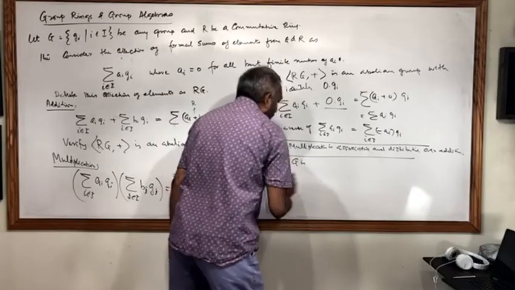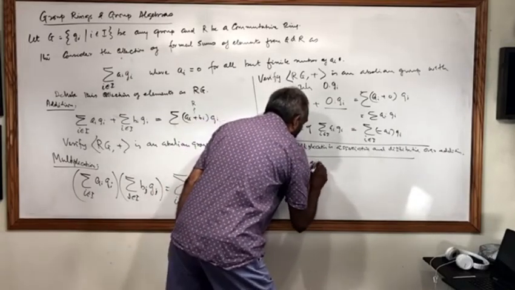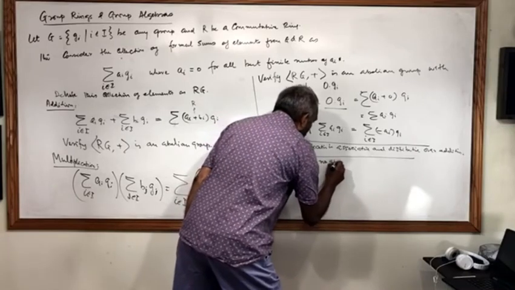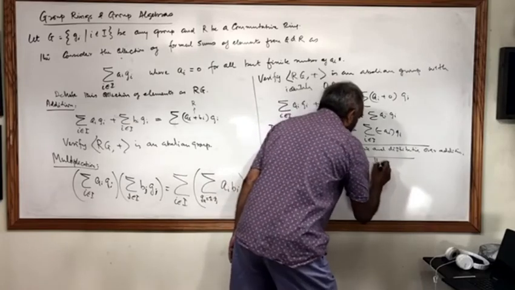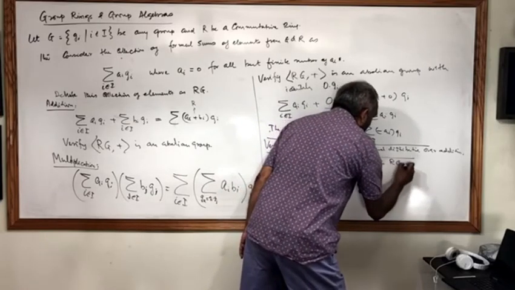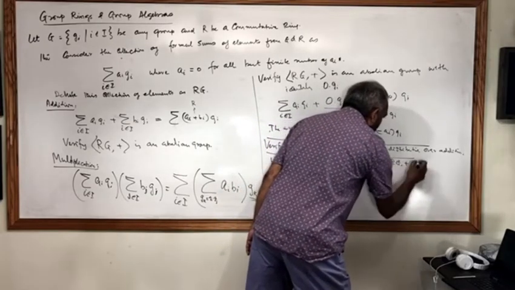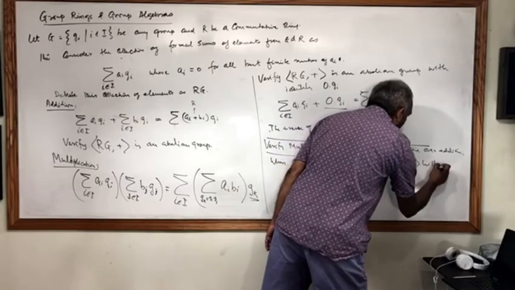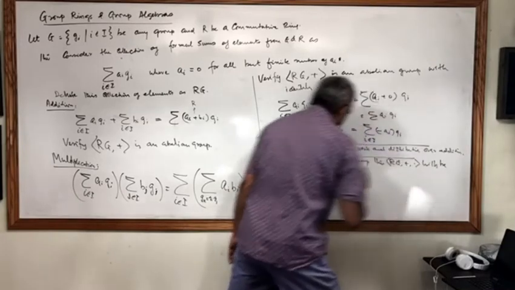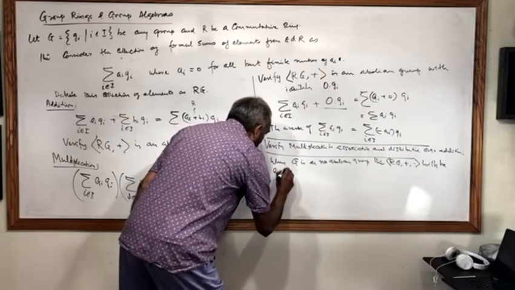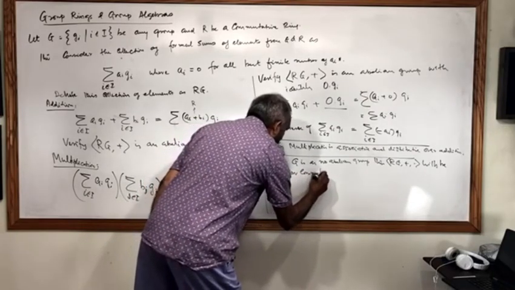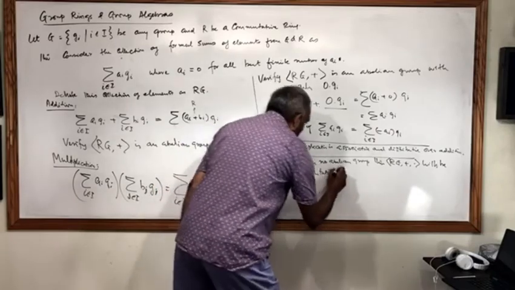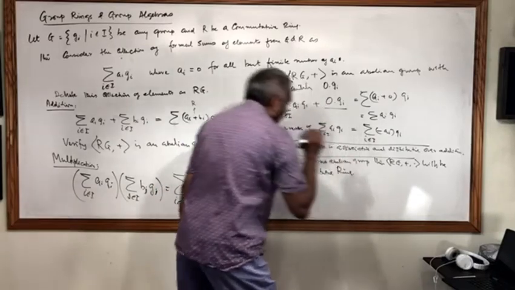When G is a non-abelian group, then RG with plus and dot will be a non-commutative ring. Why?